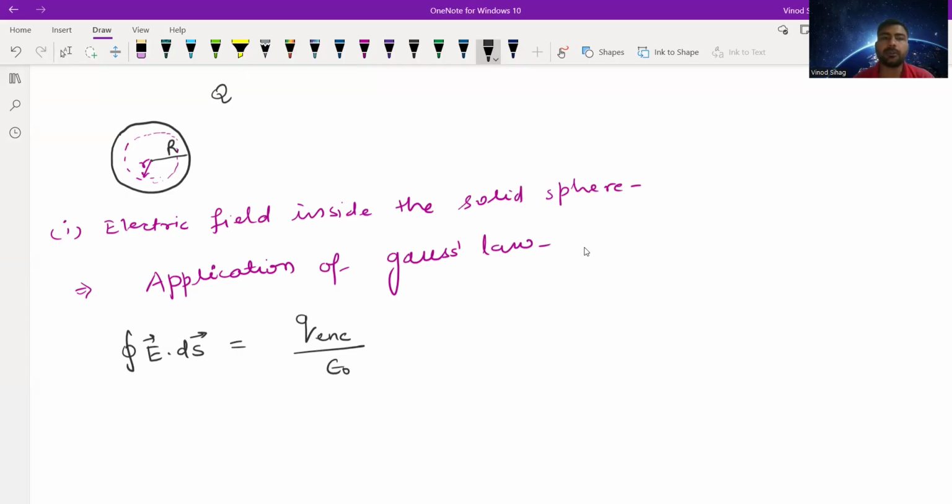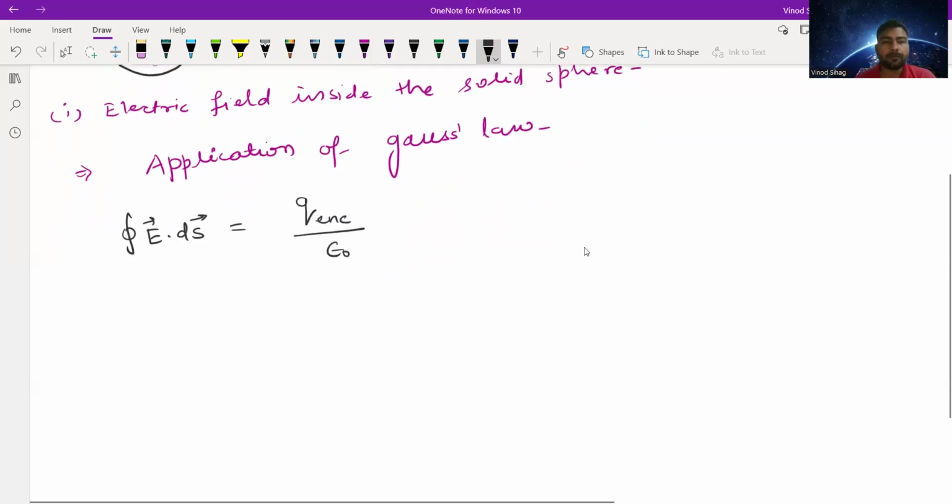Here we have assumed the Gaussian surface inside the solid sphere. So the net total charge Q will not be accumulated in the smaller sphere which is inside the bigger sphere. Only some fraction of it will be there in the smaller sphere, so we have to find that.